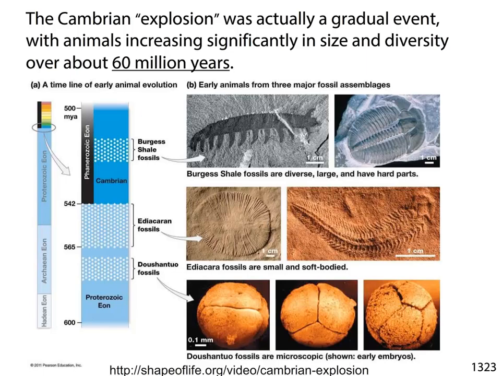Ediacaran fossils are another example, found in the Ediacara Hills, and then there's the Doushantuo fossils, found in China, which also give evidence of animal life. But remember, we're really missing a lot of the fossil record, so we just have to go by what we have and what's been found so far, which suggests things got pretty cool pretty quick.